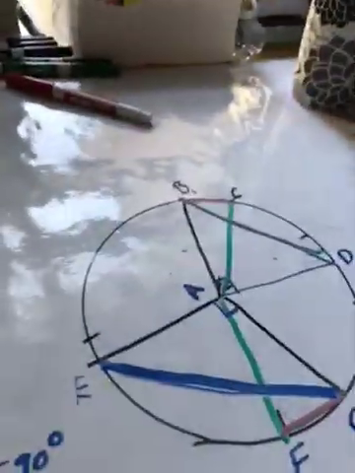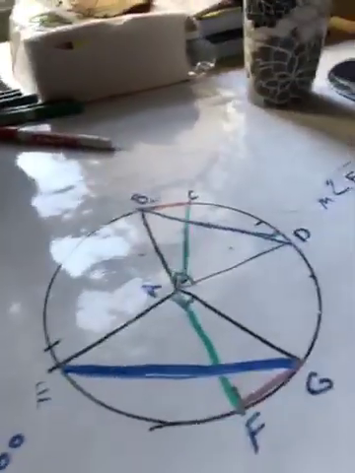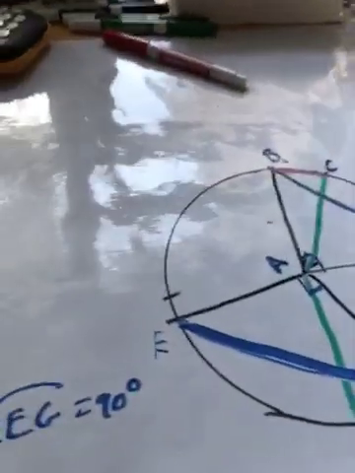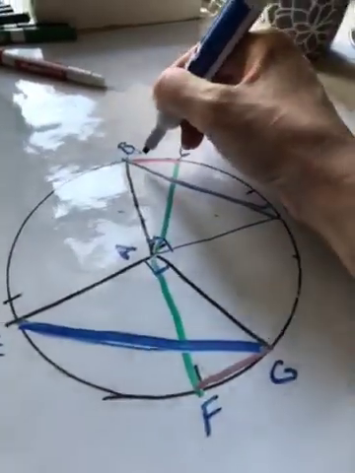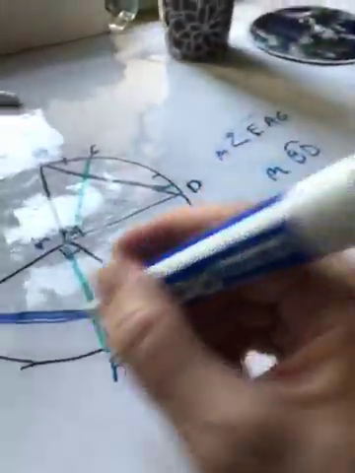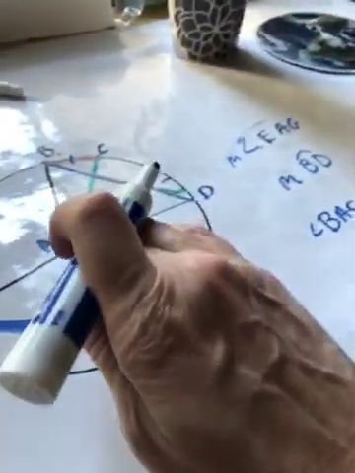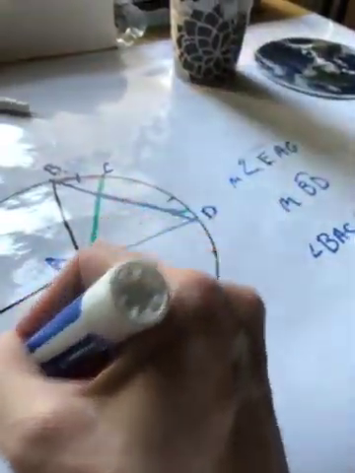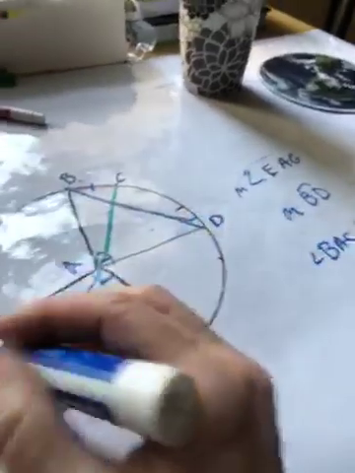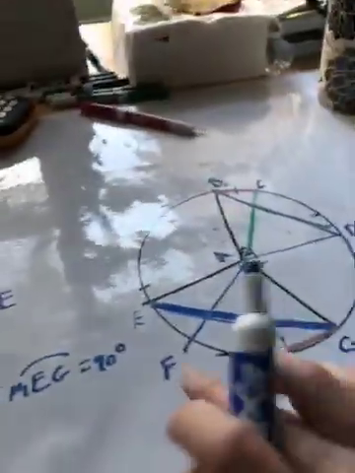So if we look at BC and FE, not to scale, guys. BC and FE are congruent.